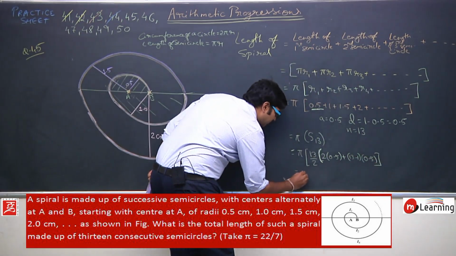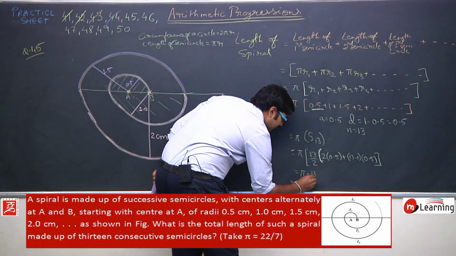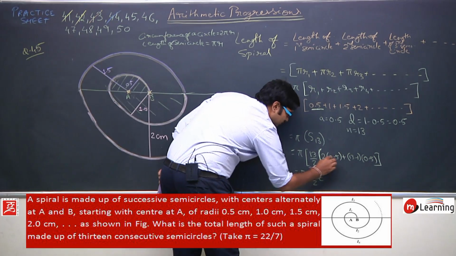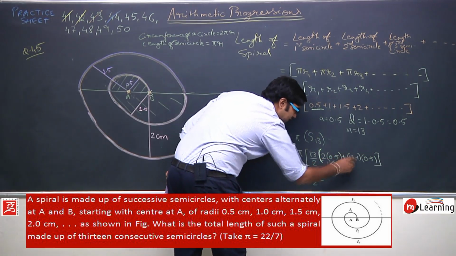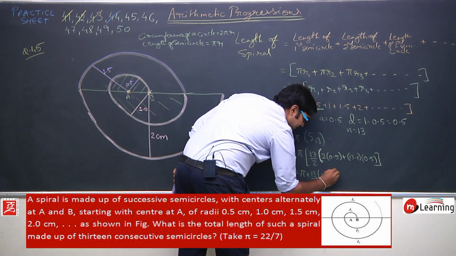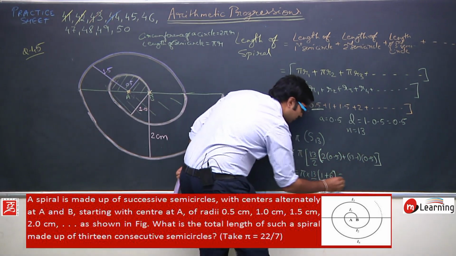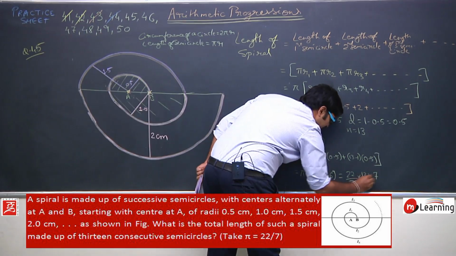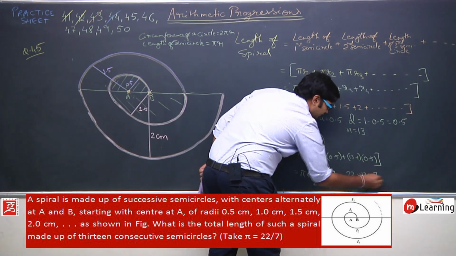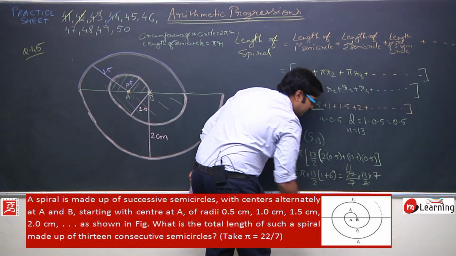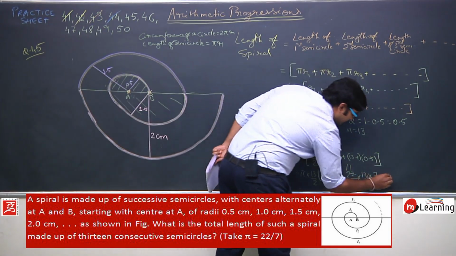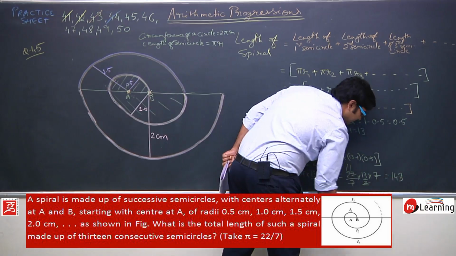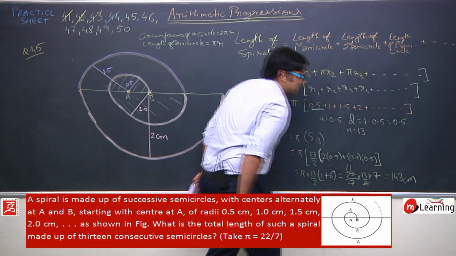Okay, so this will give you pi into 13 by 2 into the bracket 0.5 into 2 is 1 plus 12 into 0.5 is 6. So this will give you 22 upon 7 into 13 into 7 upon 2. So solving this, 7 and 7 will get cancelled, this will be 11. So 11 into 13 will give you 143 centimeters.